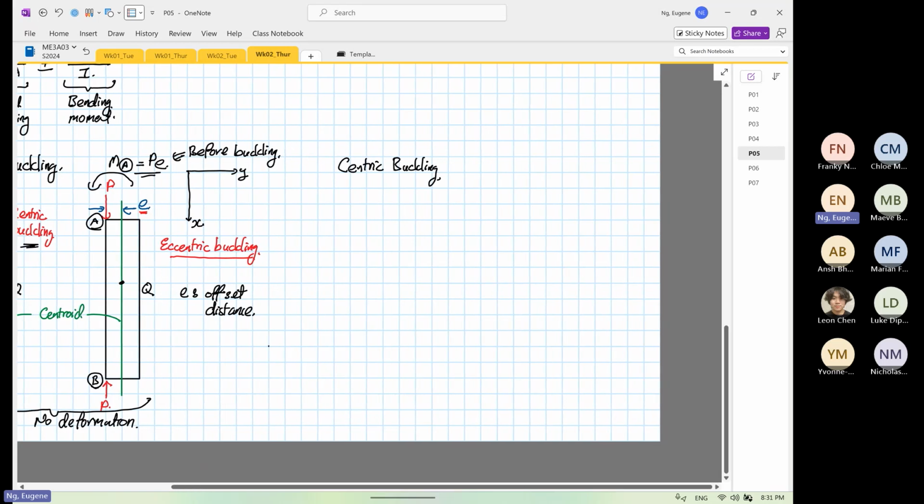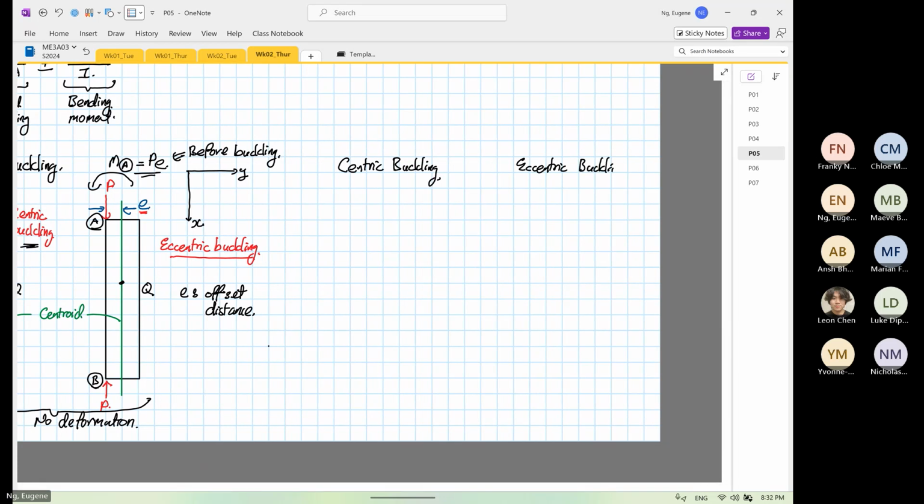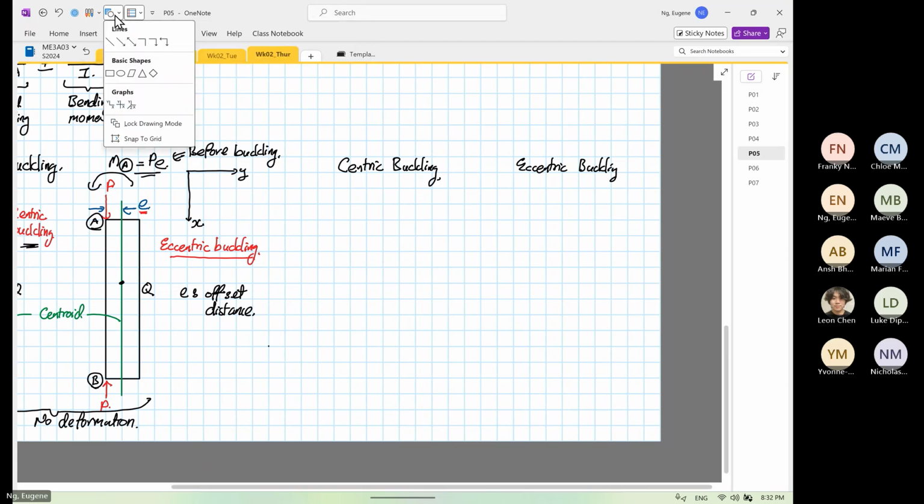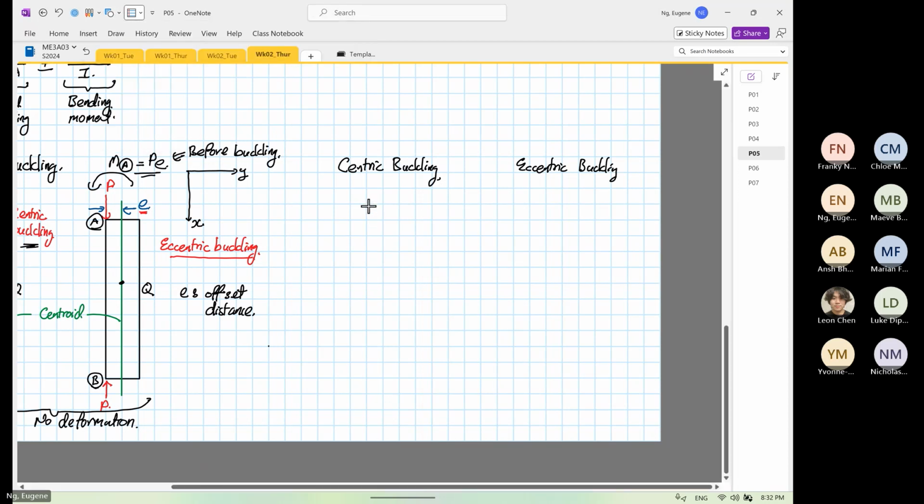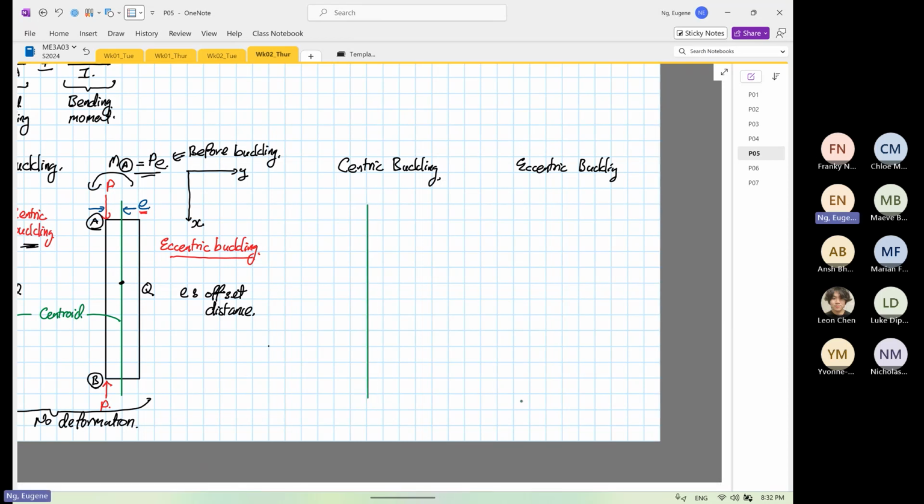Going to draw eccentric buckling. Okay, so this is the point. So now we have a situation when we have buckling.